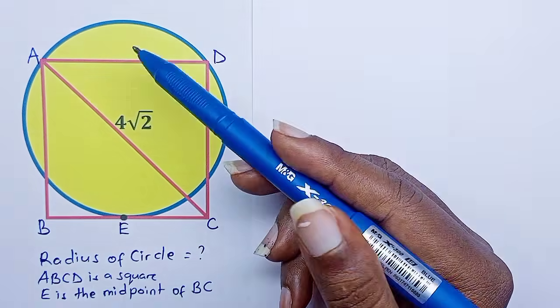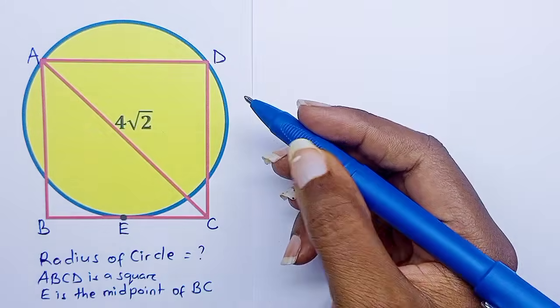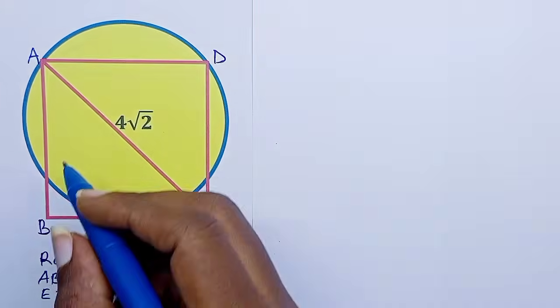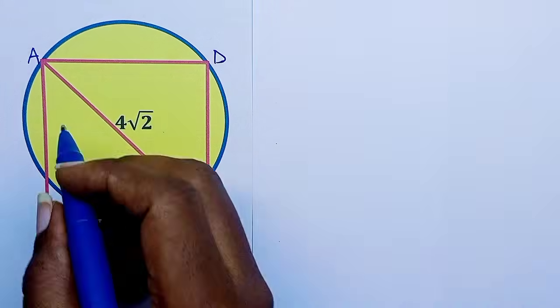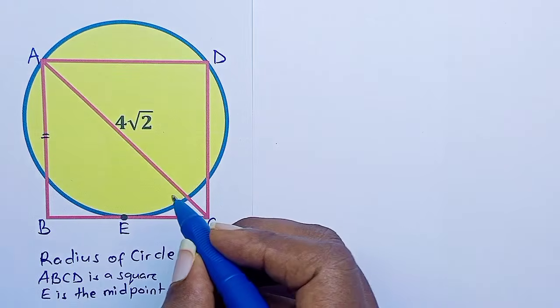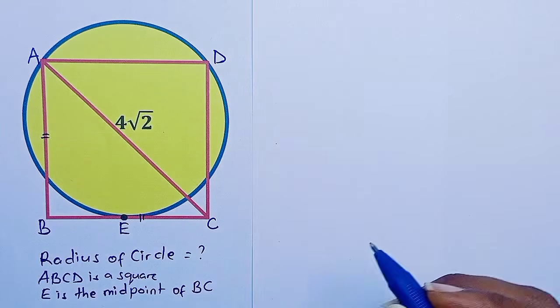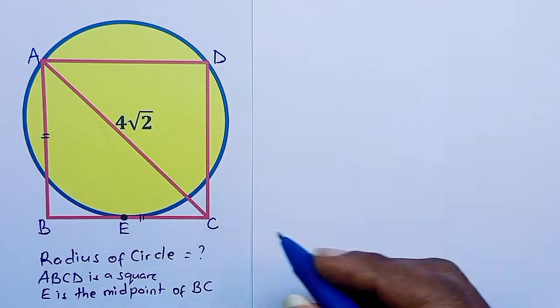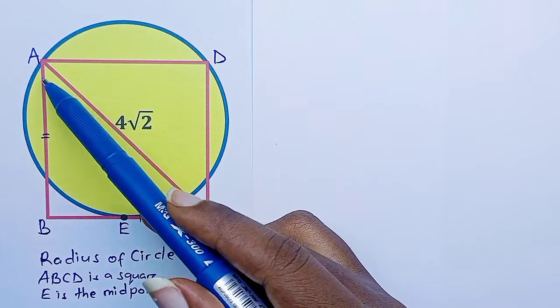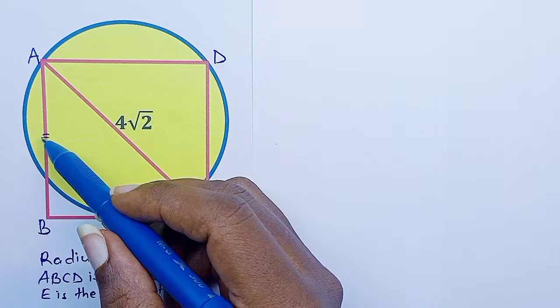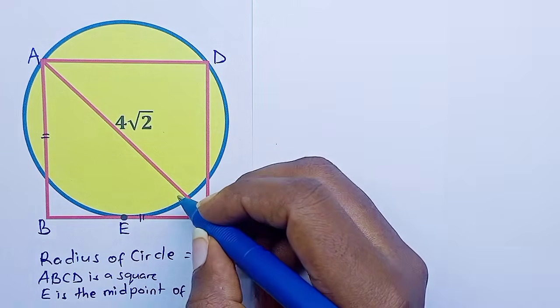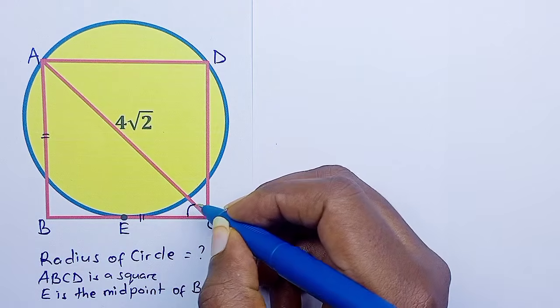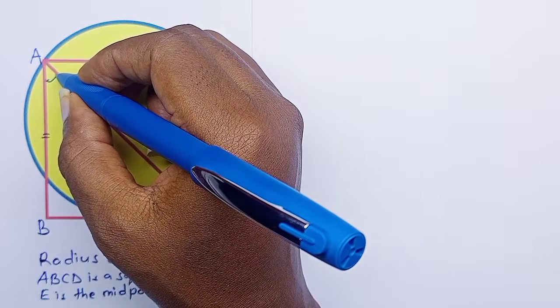Now, since ABCD is a square, that implies that AB will be equal to BC. So this line will be equal to this line BC. That implies that if this side is equal to this side, then this angle is equal to this angle.